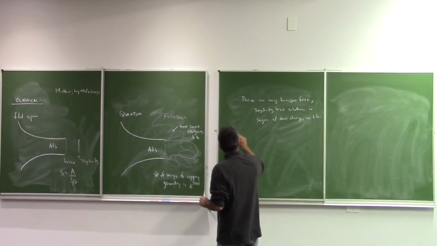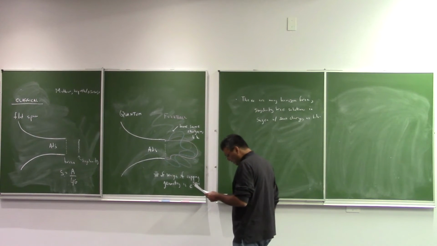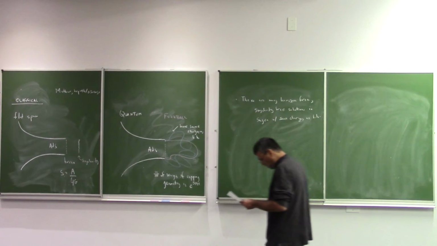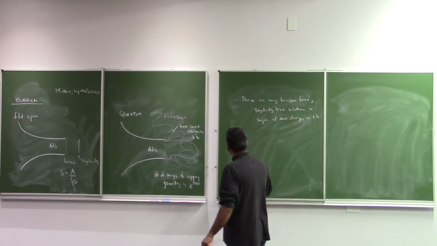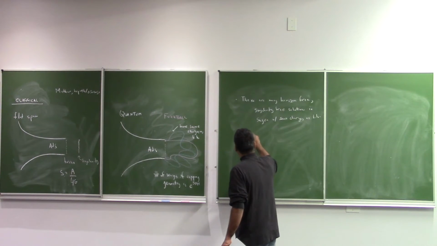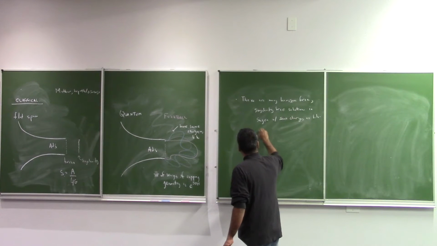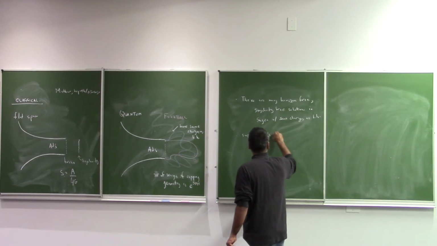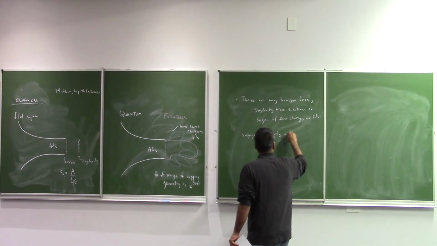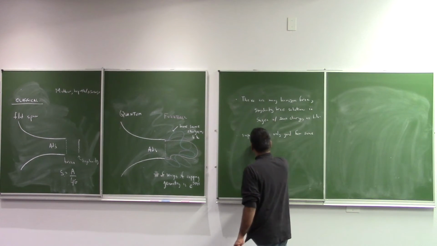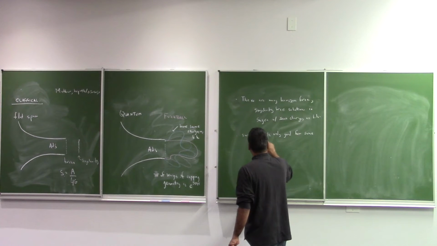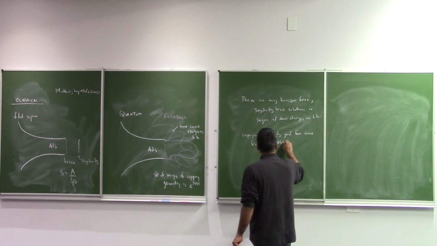The second observation is that supergravity is only good for some fraction of these states, for some fraction of these microstates.